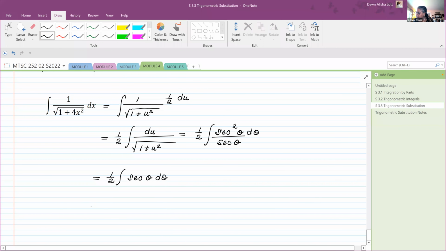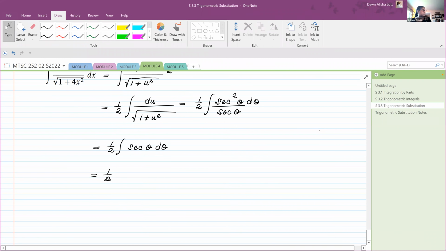What's the integral of secant theta? We did this one. Natural log of secant theta plus tan theta. That's right. Absolute value. Okay, now we're still stuck in theta. We got to go back to our triangle.